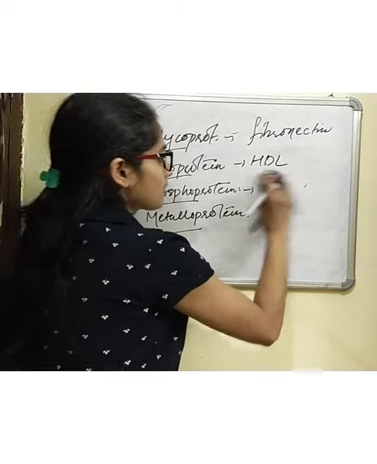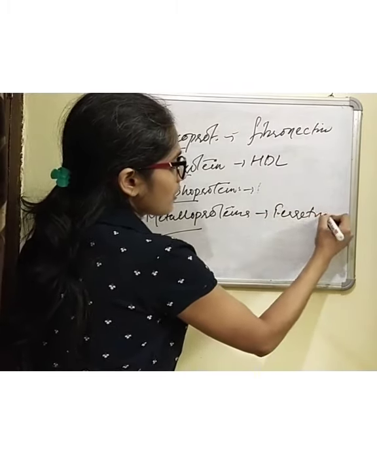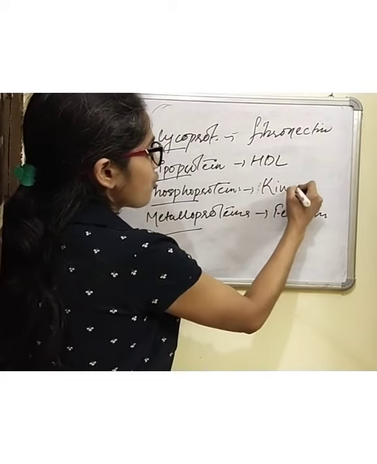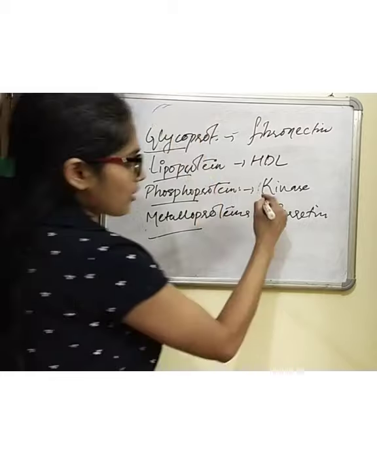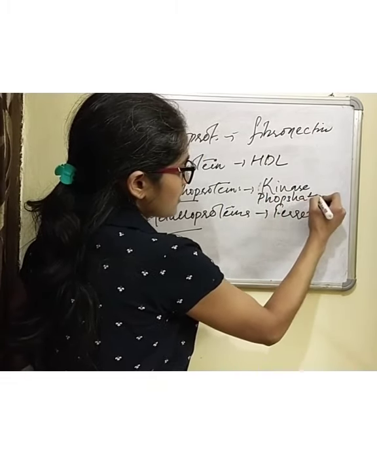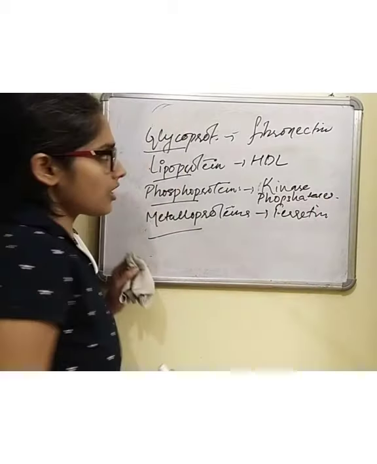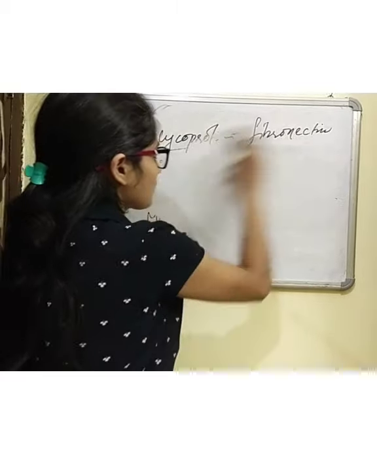Various kinases or phosphatases are part of phosphoproteins. So these are some of the examples of conjugated proteins.